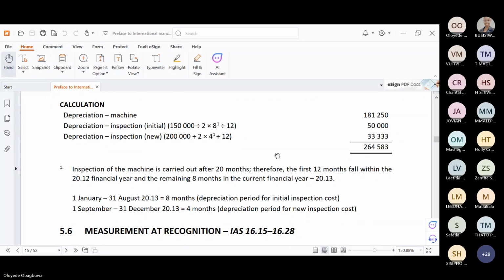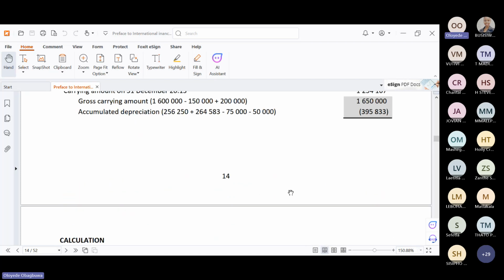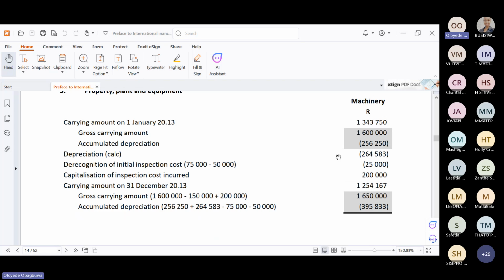So this is how you determine the new depreciation for the year. That is what we have here, 264.83.